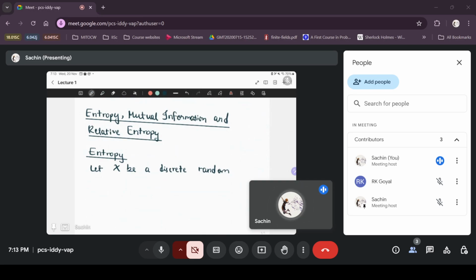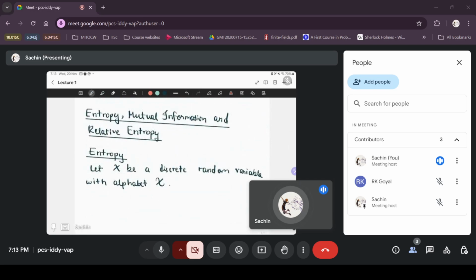But for now, as long as we don't need it, we won't use continuous random variables. We'll define for discrete random variables. So let X be a discrete random variable with alphabet script X.